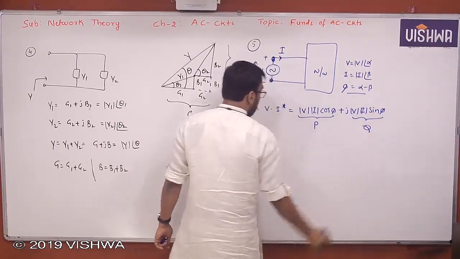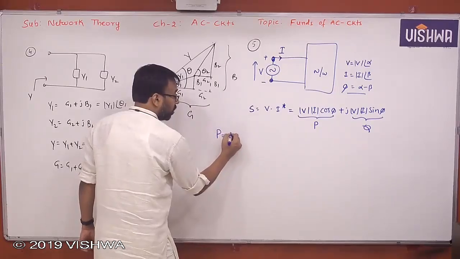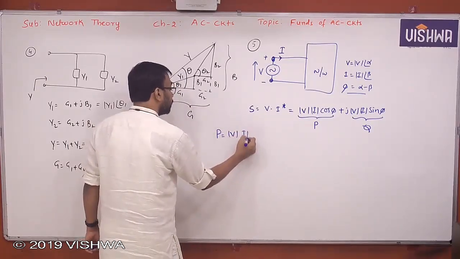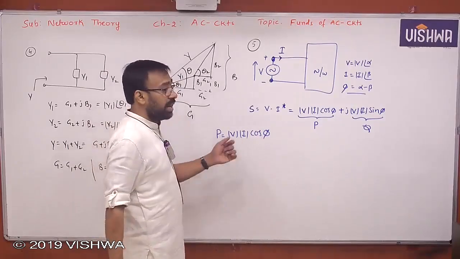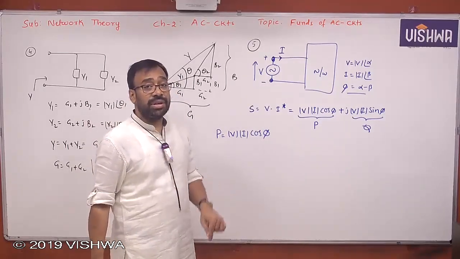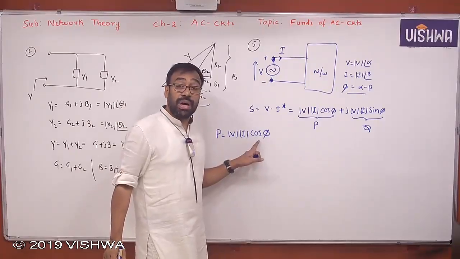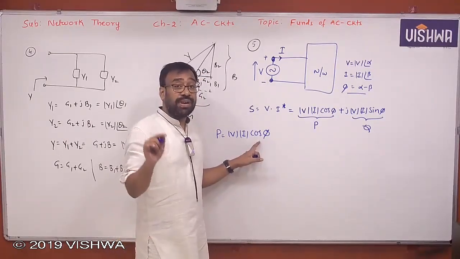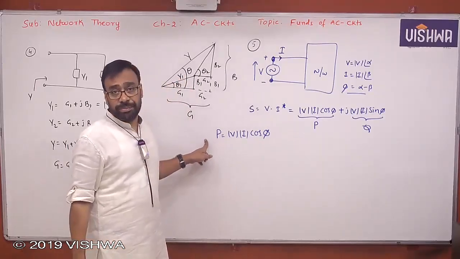Now I told you already my concern is P. Capital P is equal to VI cos phi. See, in DC circuits, we had just the product of voltage and current only. But in AC circuits, we have VI, again power factor. Cos phi is nothing but what? Power factor. Cos phi will decide whether this P is positive or negative.